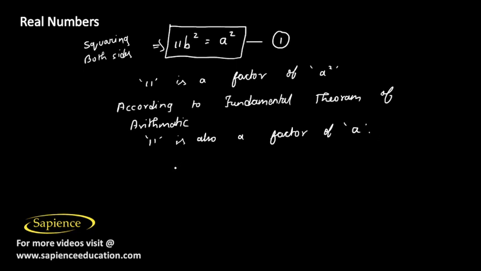Since 11 is a factor of a, we can write a is equal to 11 into some constant number, which is c. This is equation 2.